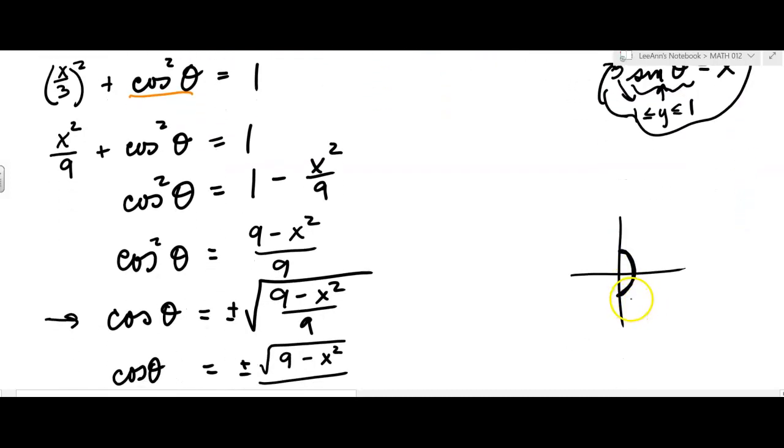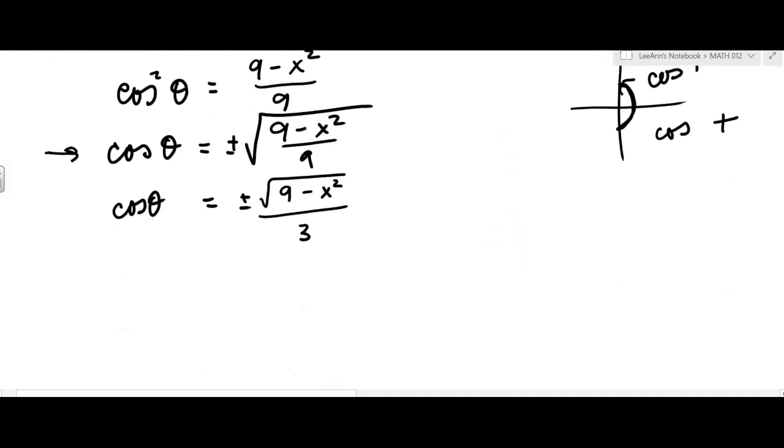It has to be between negative pi over 2 and pi over 2 because it was an inverse sine. Now what do you know about cosines in the first and fourth quadrants? All cosines are positive in the fourth quadrant, and cosines are positive in the first quadrant. So it's got to be the positive case.